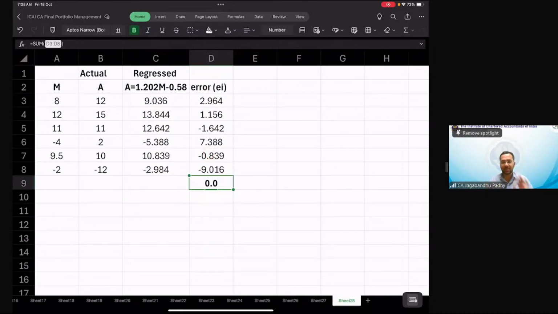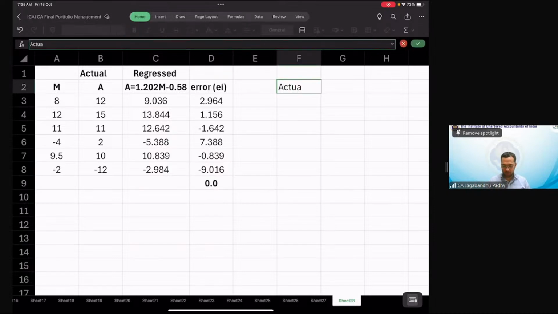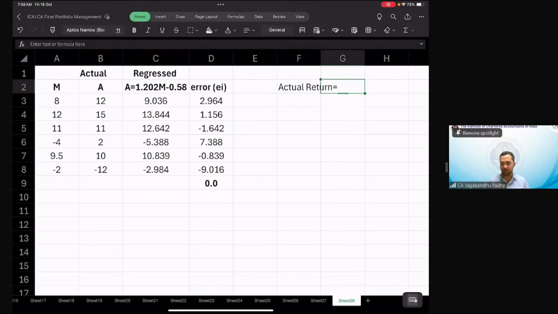So can I say that our actual return is the regressed return plus the error term?